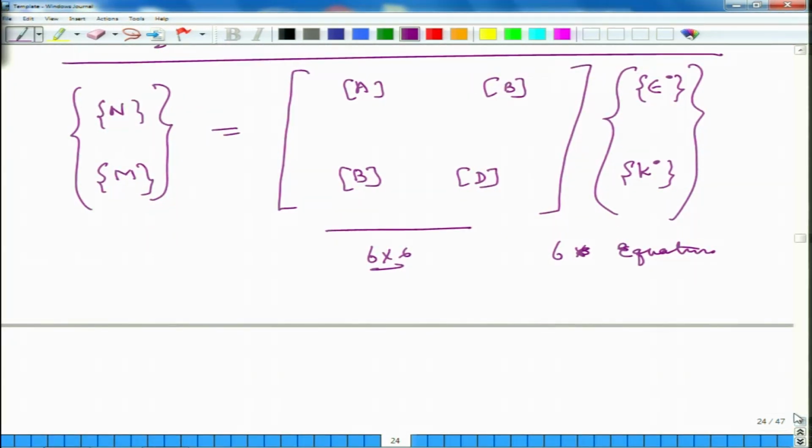Now that we have developed relations for these, we will give these matrices A, B and D some names. So, the A matrix is called the extensional stiffness matrix. Okay.